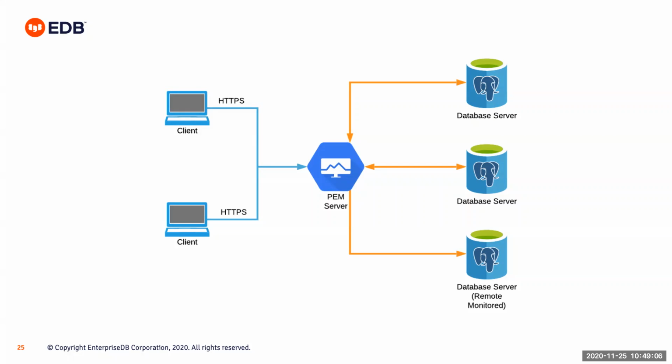So can you please go over the remote monitored server with reference to the PEM server? Yes. We just happen to be on the right page. On these servers, you have a small process running, which is known as a PEM agent. The agent receives the metrics or the probes, as we call them, basically just defined as SQL or a script running something and returning a value or two values.